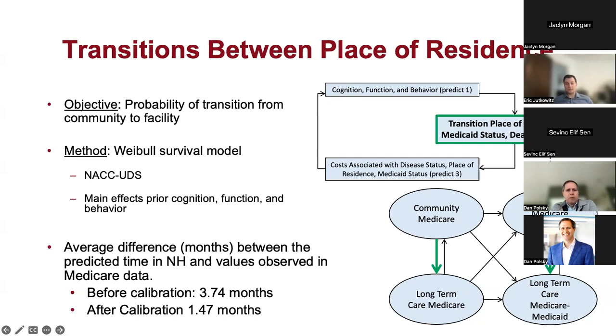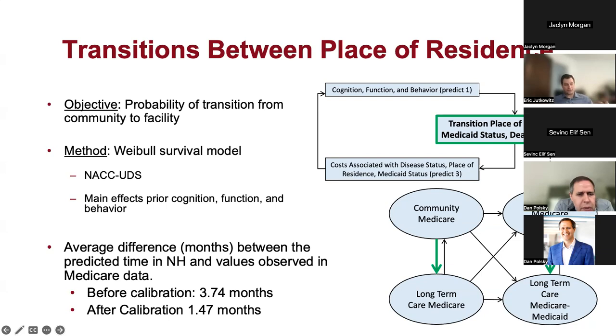And so we can say with this model, what is the risk of transitioning to a nursing home based on your clinical features in this given month, which was really powerful and allowed us to understand how the underlying disease process, or how clinical symptoms, impact risks of transitions.